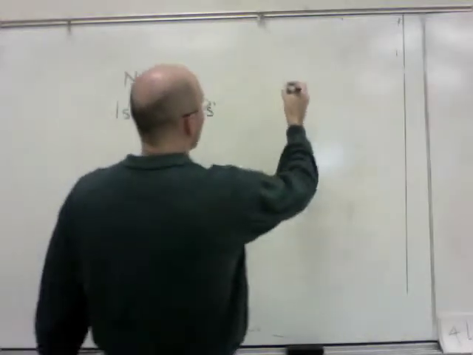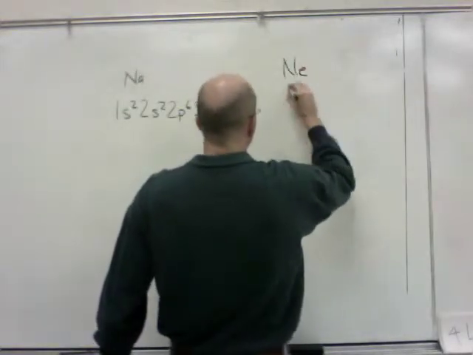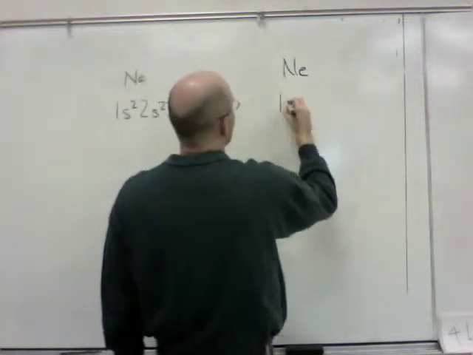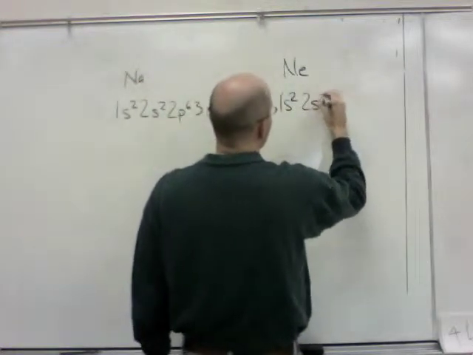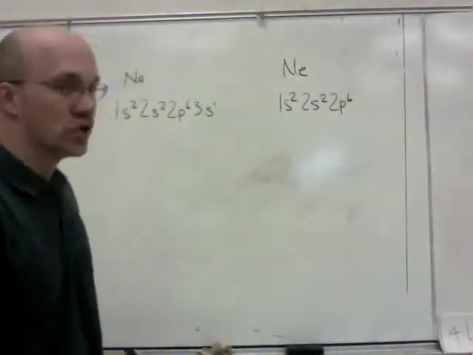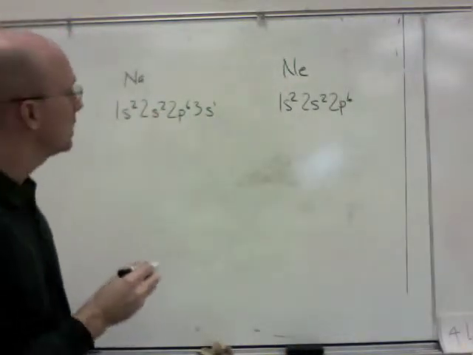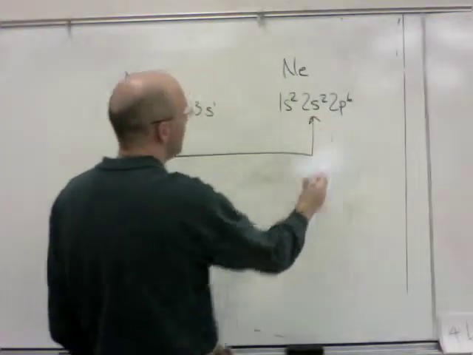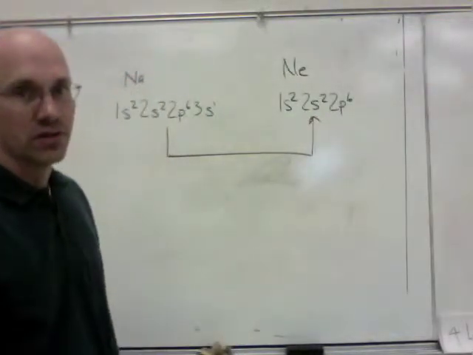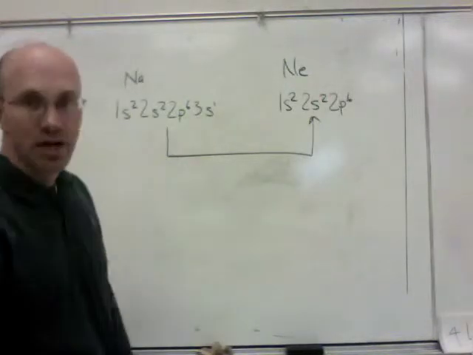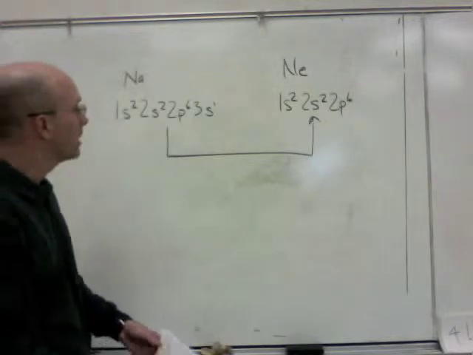So what is neon's configuration? Well, neon has 10 electrons, so 1s2, 2s2, 2p6. That's neon's configuration. So the octet rule says that sodium wants to either gain or lose electrons so as to become like neon. So what does sodium have to do in order to become like neon?